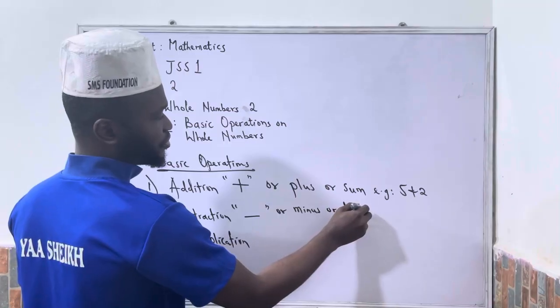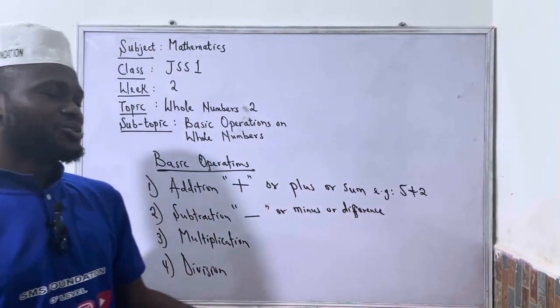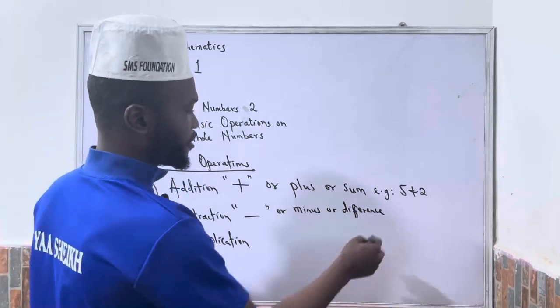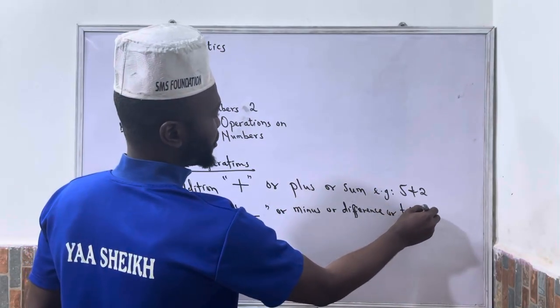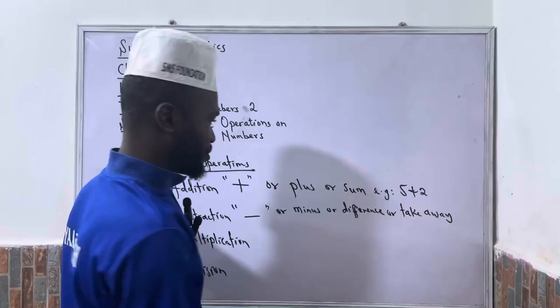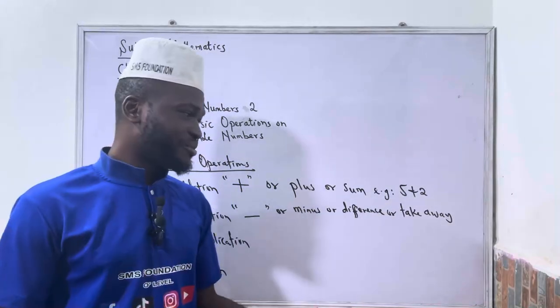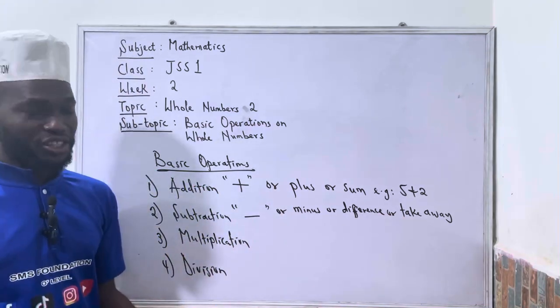Sometimes, most of my abroad students will say takeaway. They are used to saying the word takeaway, so you say 5 takeaway. These are some of the ways of saying the word subtraction.